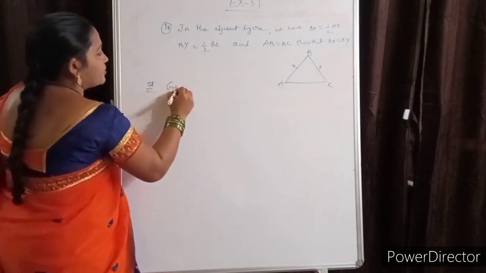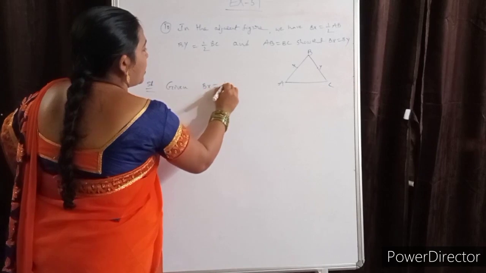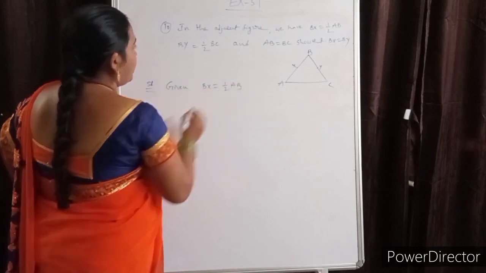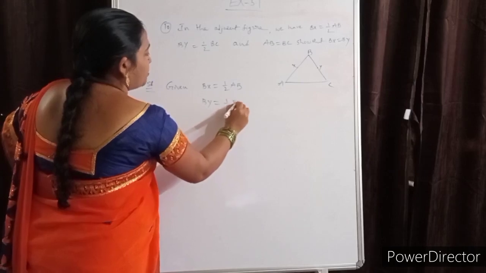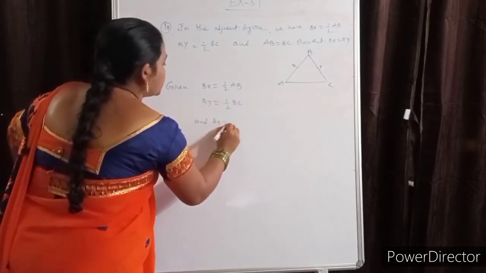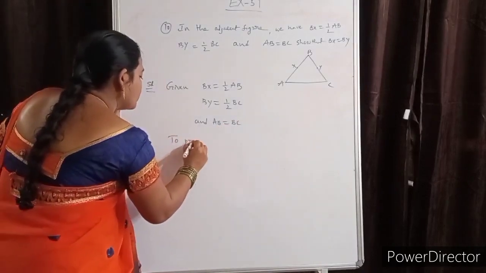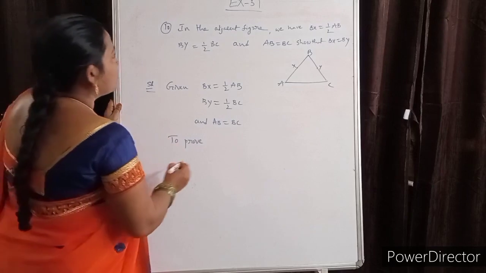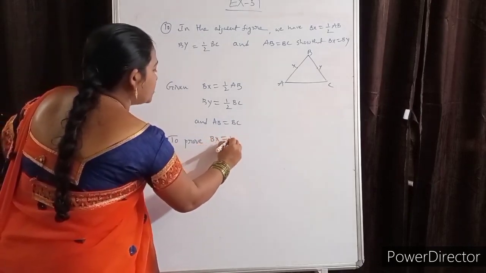Given BX is equal to half of AB, BY is equal to half of BC, and AB is equal to BC. To prove BX is equal to BY.